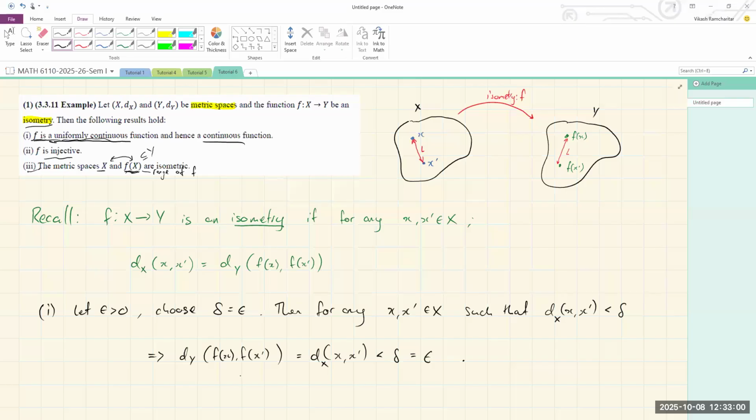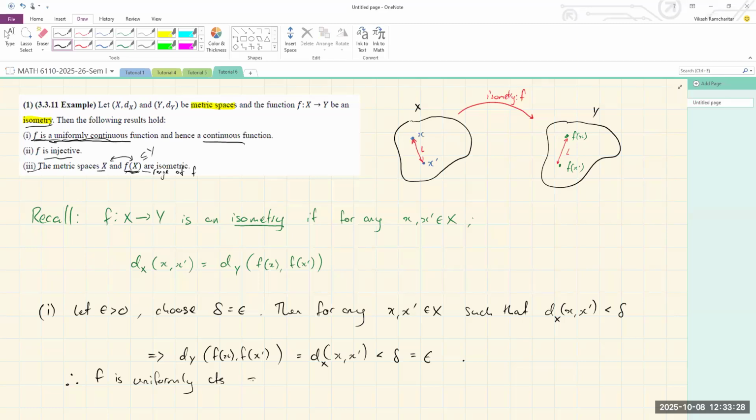So therefore, f is uniformly continuous. Actually we don't say on X, we just say uniformly continuous because it's understood it's everywhere on the domain.